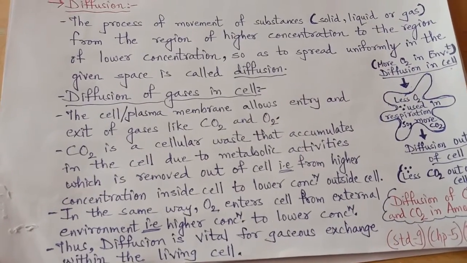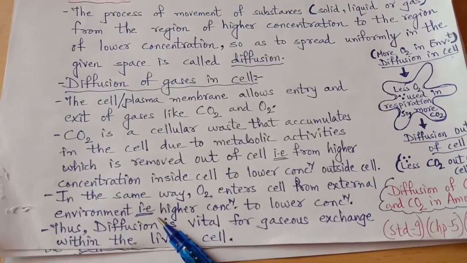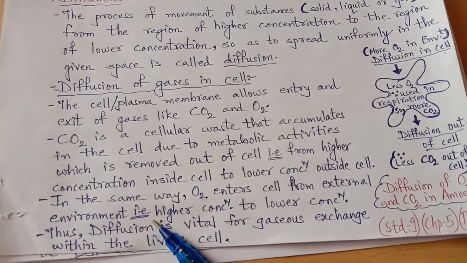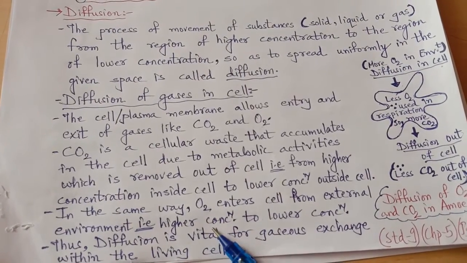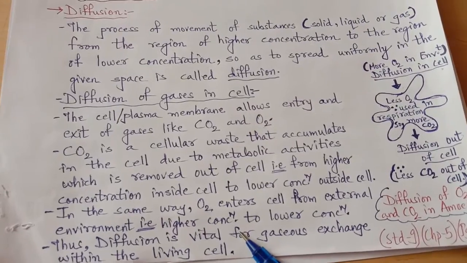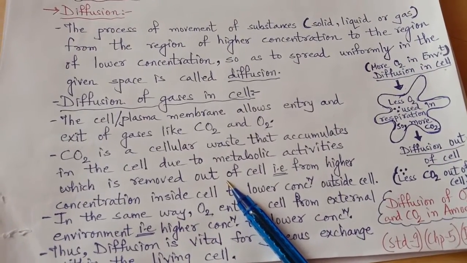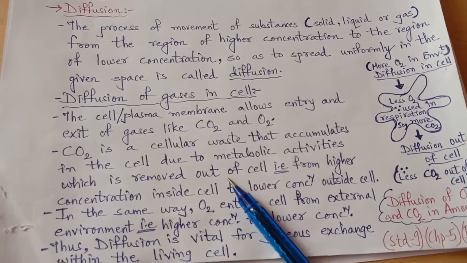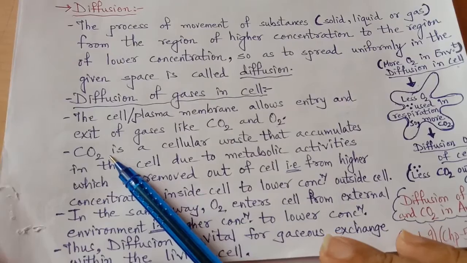In the same way, oxygen enters the cell from the external environment. Oxygen is rich in the atmosphere, so it is higher concentration, and it will go to the lower concentration, that means inside the cell. Whatever oxygen was there by the respiratory system or by the inhalation process is now used up in the metabolic activities, and in turn carbon dioxide is produced.